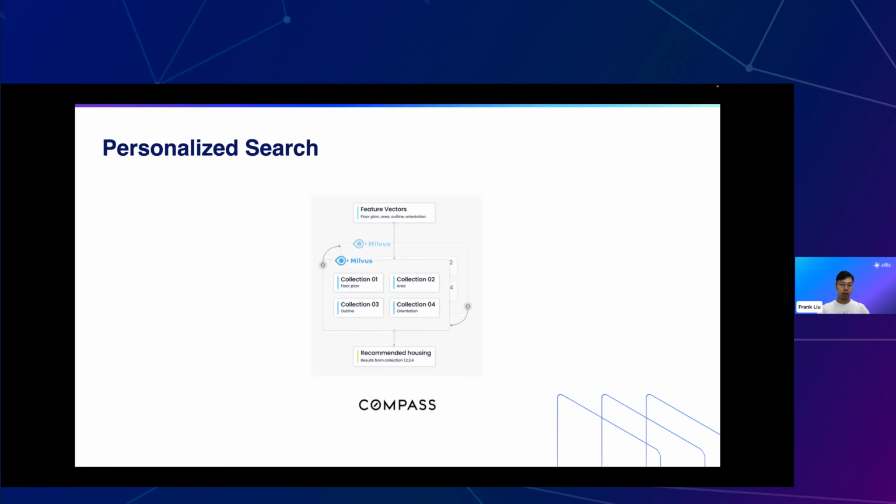So here, for anybody searching for a house on Zillow or Compass or Redfin, rather than just saying I want 5 bedrooms, 4 bathrooms, searching for these numbers, you can actually search by floor plan, by orientation, by area, or by outline. It gives you a much more powerful way of doing search.